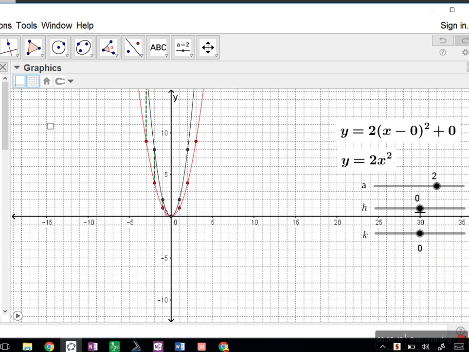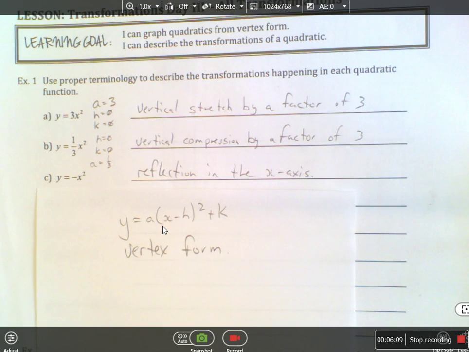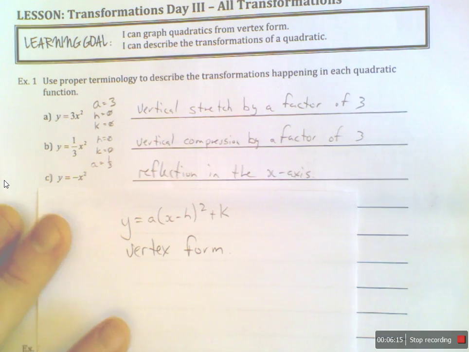So there's our standard curve, and if I make it negative 1, it looks like a mirrored reflection, a perfect mirror image of the one that's pointing up, the one that's pointing down. So that's why we call it a reflection.